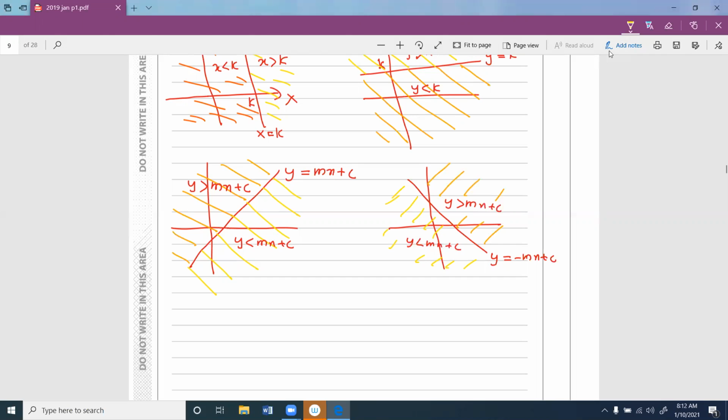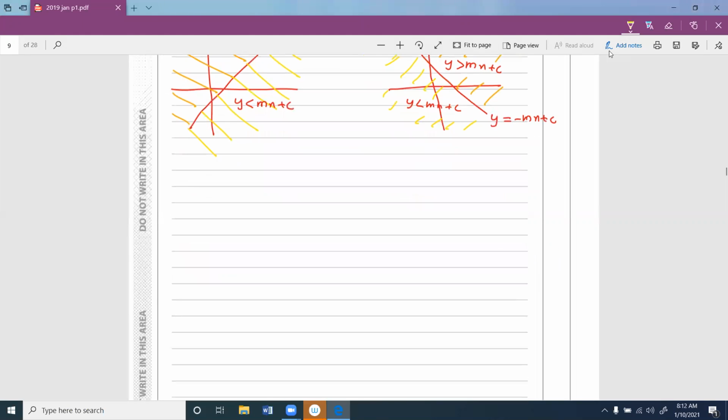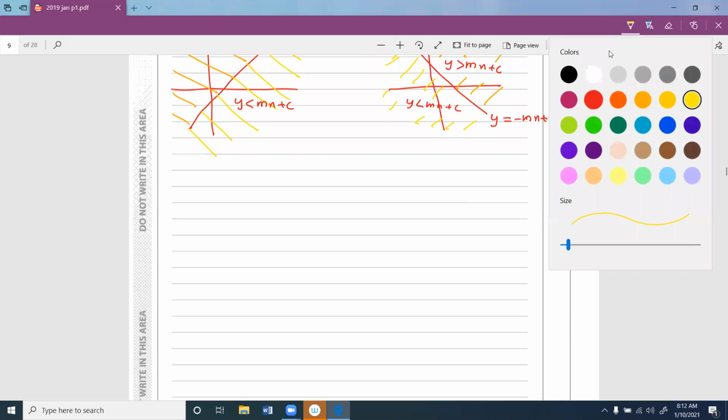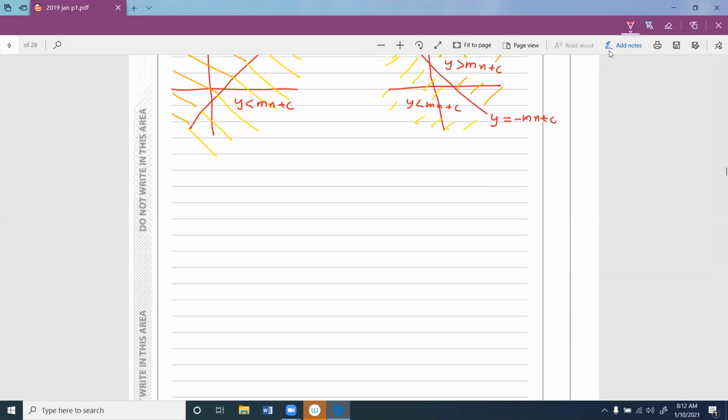Then, when you come to the quadratics, the next type we come across is a quadratic graph like this one. This line is y equals ax squared plus bx plus c.